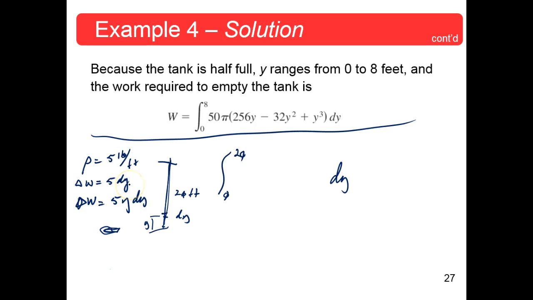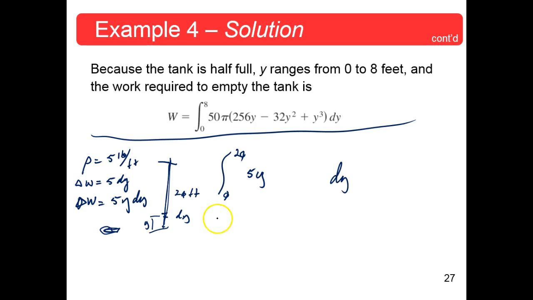Now you're ranging that from 0 to 20, so we're basically set up here. 5y dy. That's it. I thought it was going to be a lot more involved, but it isn't.